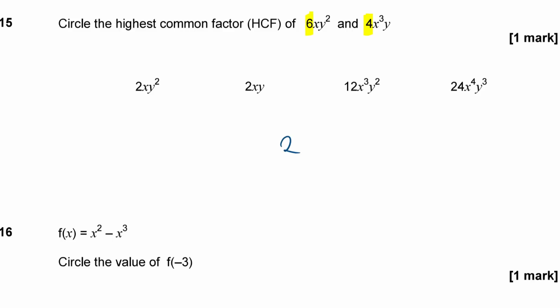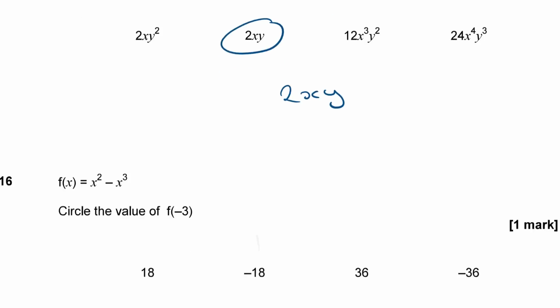And the highest factor of x and x cubed, well, x goes into x and x goes into x cubed, so I'm going to take out an x. And the highest factor of y squared and y is just y. y goes into y squared, y goes into y. So the highest common factor of both terms is going to be 2xy. It's going to be that one there.